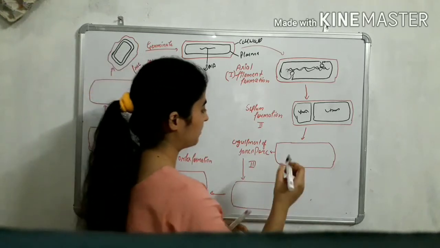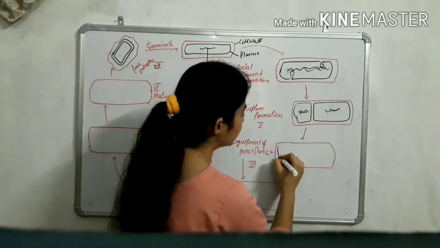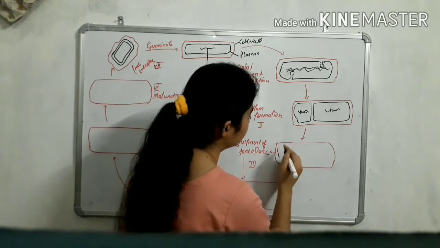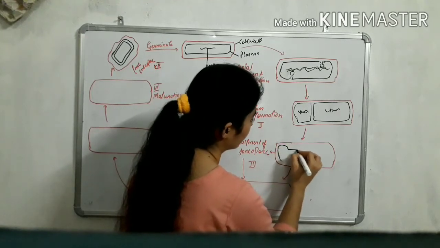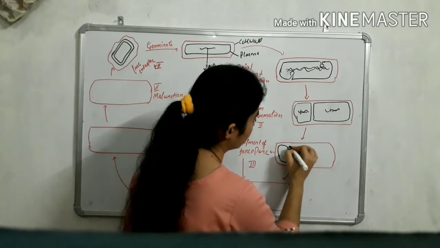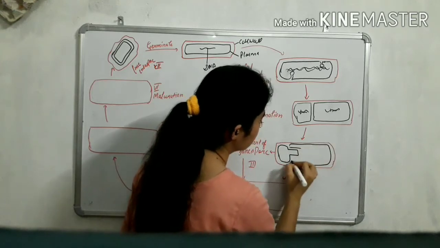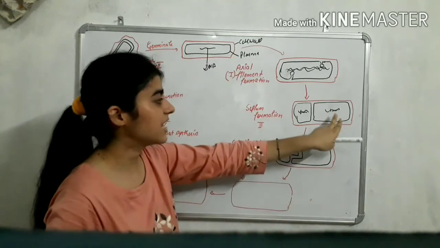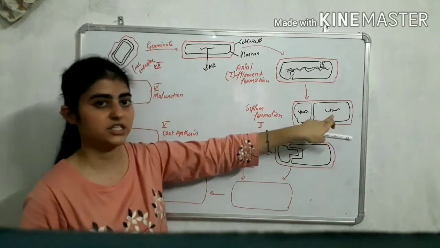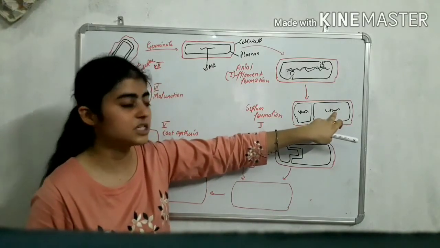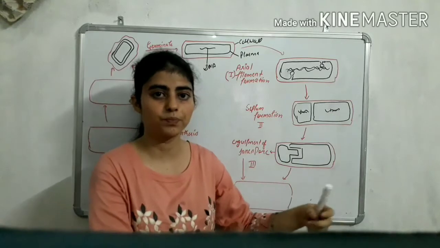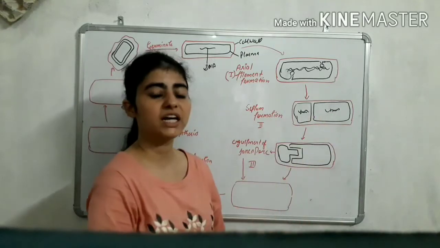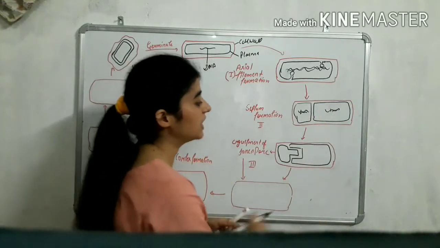Now how does it happen? What happens in the third stage? The cell membrane of the sporangium, the cell membrane of this part, will continuously grow. It will not stop growing, it will elongate itself.